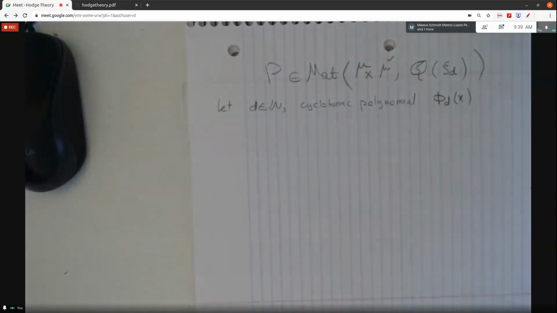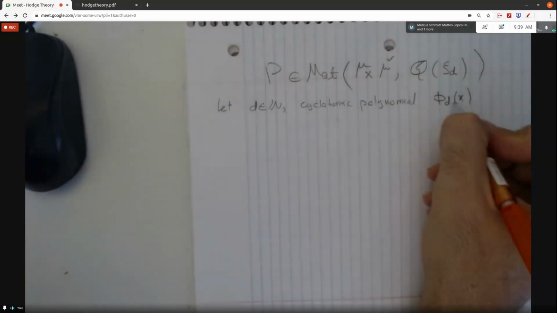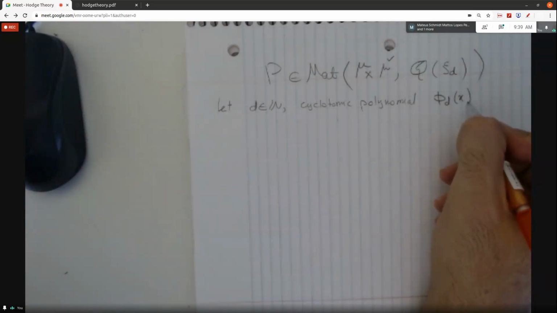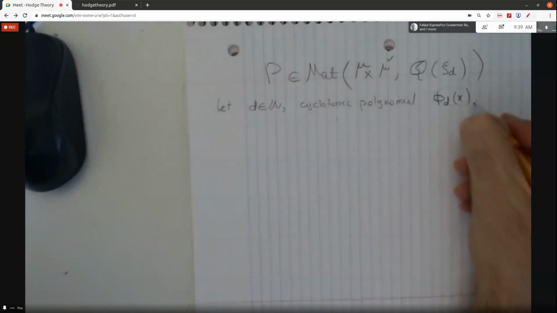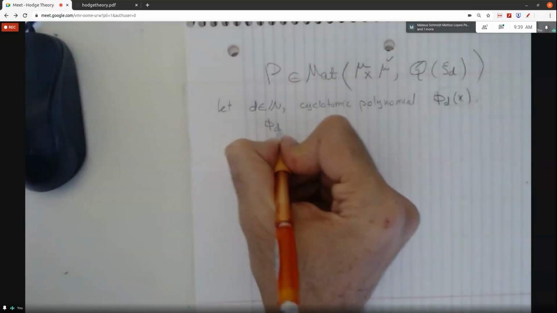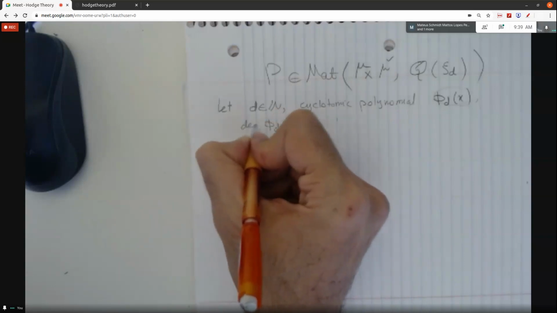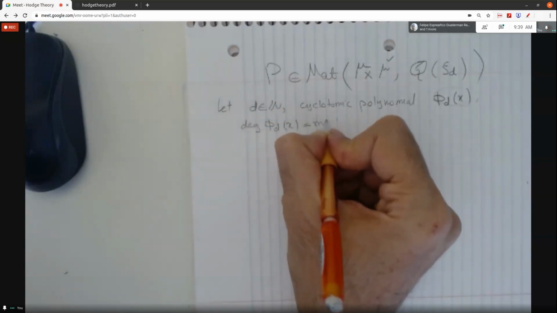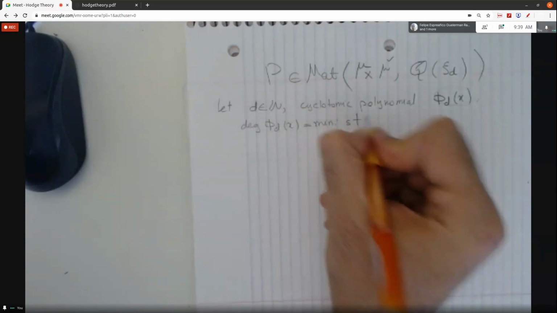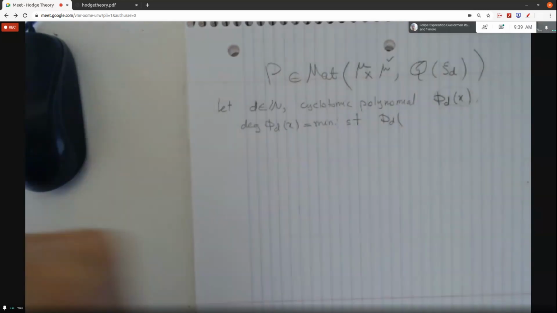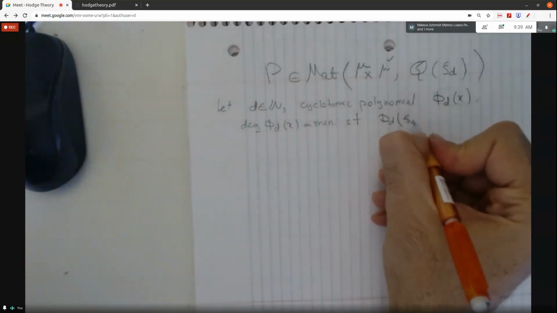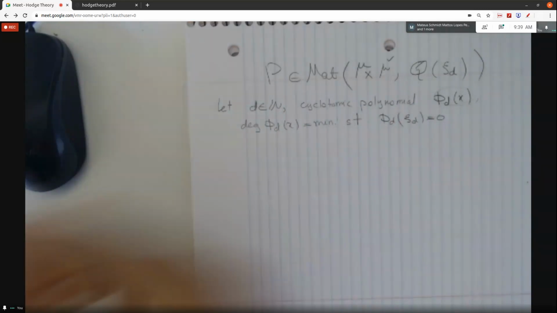What is the definition of the cyclotomic polynomial? It is the polynomial of minimum degree which annihilates zeta d. So its degree is minimum such that phi d of zeta d is equal to 0.